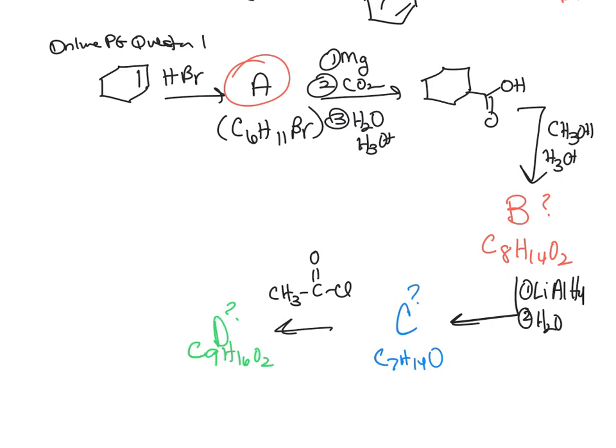And the other thing, so that's question 1. Question 2 is, I want you to show the mechanism from the conversion of C to D. All right, I'll talk to you all later, folks.